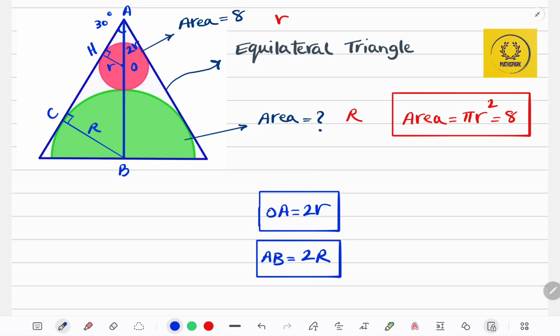Okay, so we found that AB is 2R, this one. So you can see that AB consists of 3 parts.